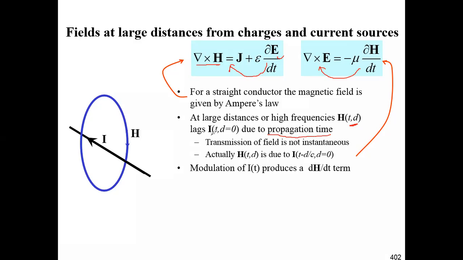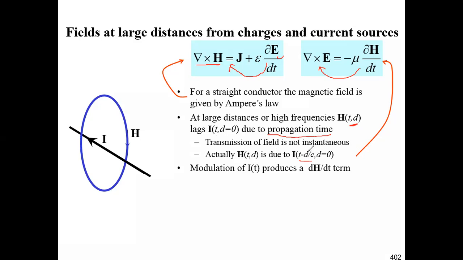And why is it lagging the current? Because when H is being produced at time t and distance d, at that time the current is lagging by a factor of distance by speed.